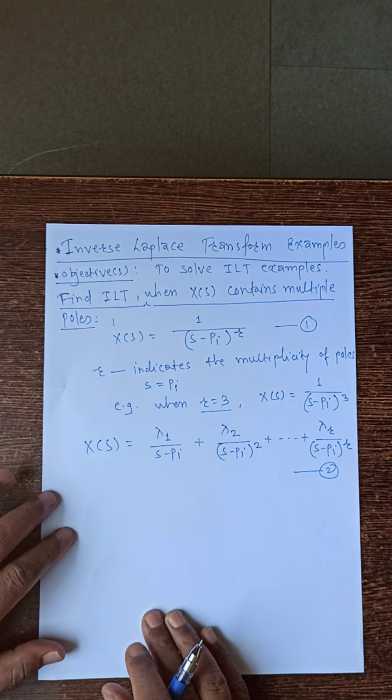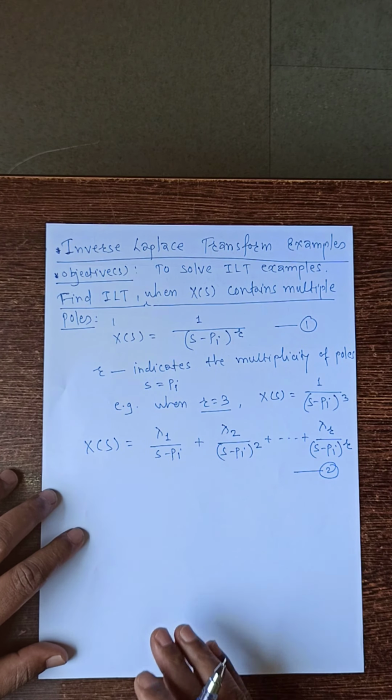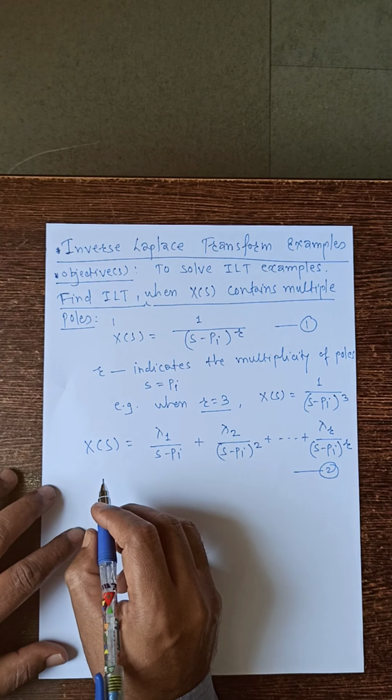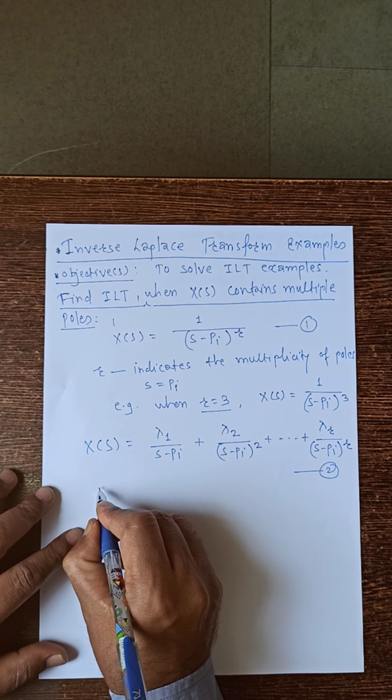Then how to find lambda 1, lambda 2, lambda r when the poles have multiplicity r? You have to use the following formula.